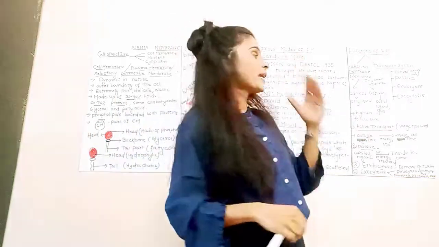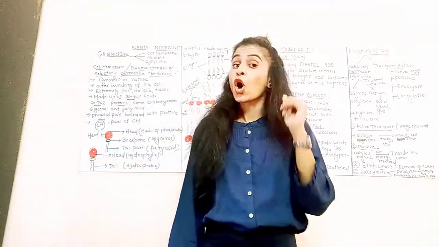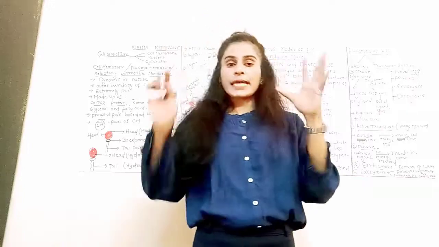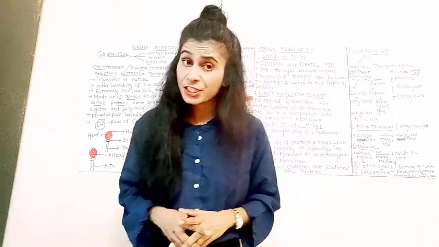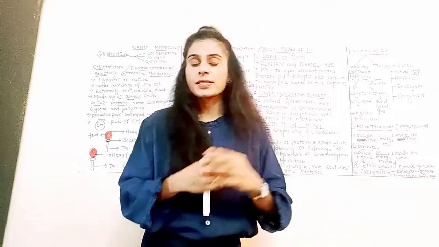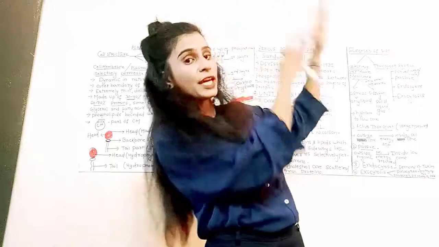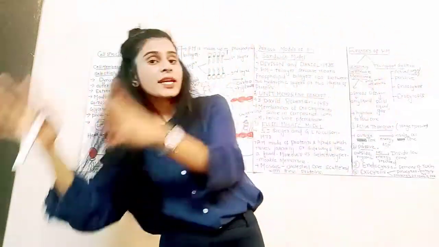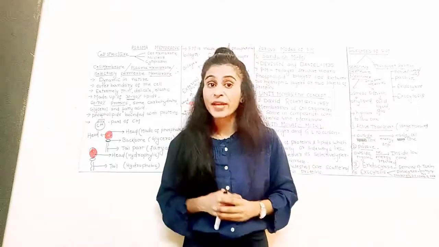And the second process is osmosis. The definition is the same. It's also a process in which the molecules move from higher concentration to lower concentration region through the semi-permeable membrane.